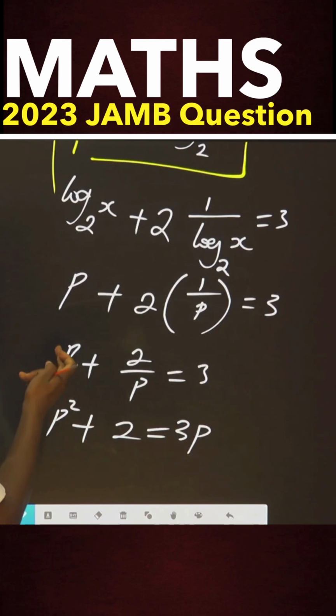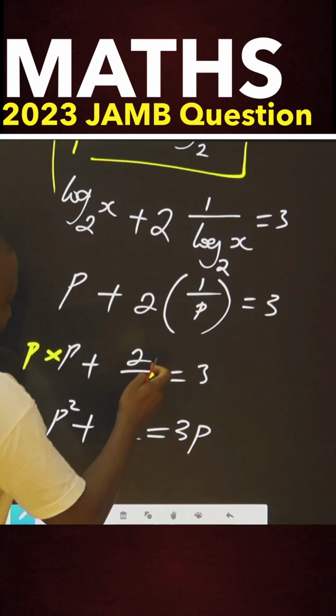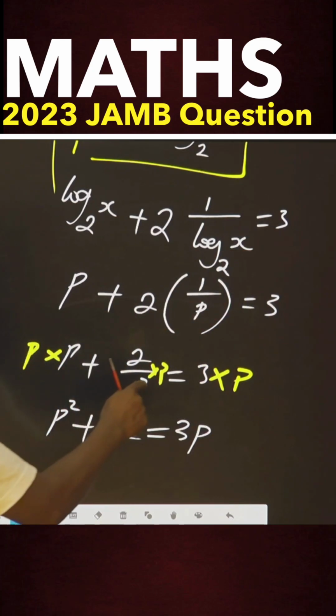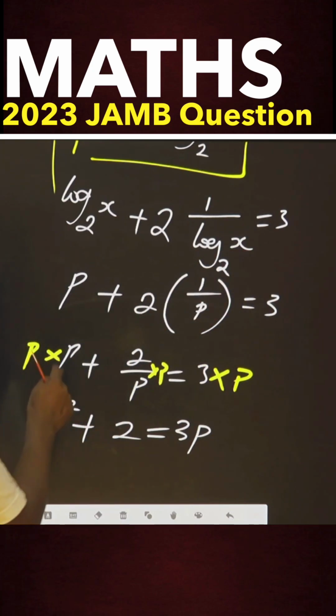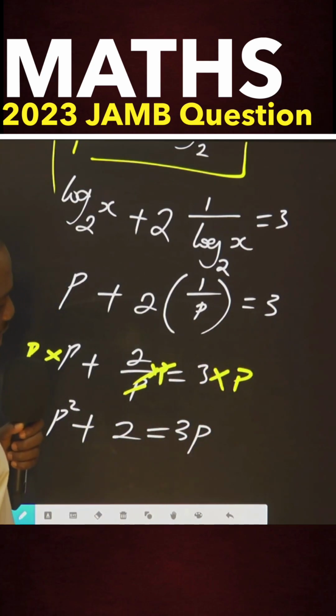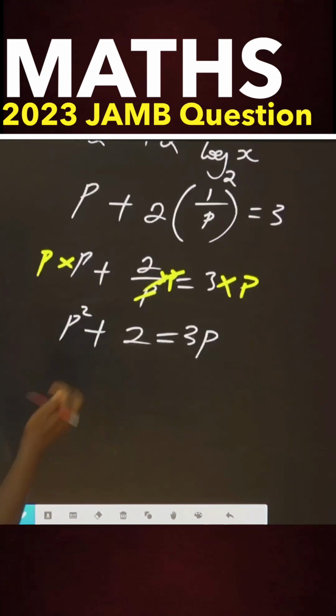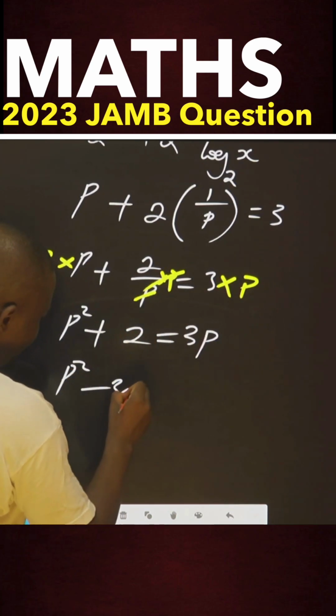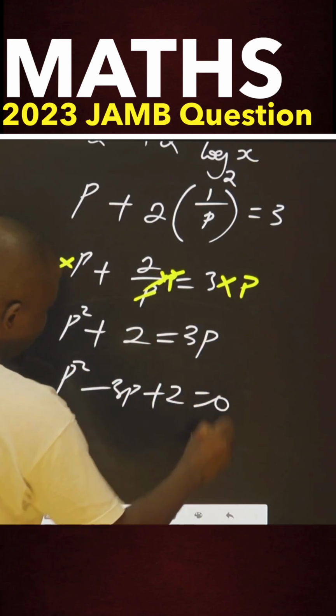I don't know if you understand. Times p, times p, times p, just to remove this denominator. That means we have 2 here. This and this will cancel. This is 3p. Now we can write p squared, we bring this here, minus 3p plus 2 equal to 0.